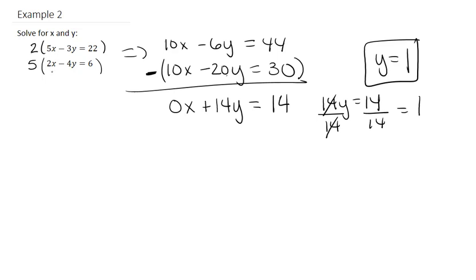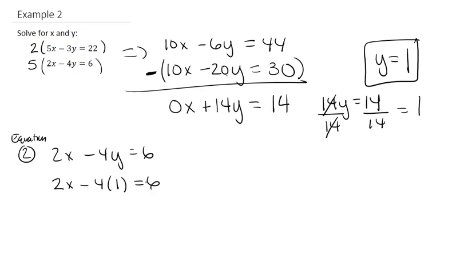Now we can go back and put this into either equation. So let's use equation 2. Then we have 2x minus 4y is equal to 6. Now we have 2x minus 4, we're going to plug in 1 for y, and then we have equals 6. Then we have 2x. Now we have 4 times 1, so that's minus 4, which is equal to 6.